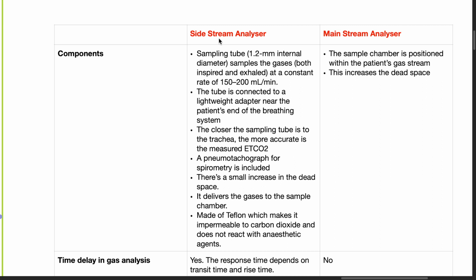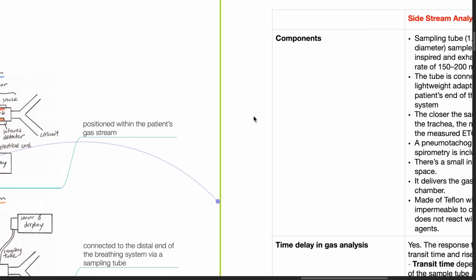A side stream analyzer consists of a sampling tube of 1.2 mm internal diameter and samples the gases, both inspired and exhaled, at a constant rate of 150 to 200 mL per minute. The tube is connected to a lightweight adapter near the patient's end of the breathing system, as shown in this diagram.